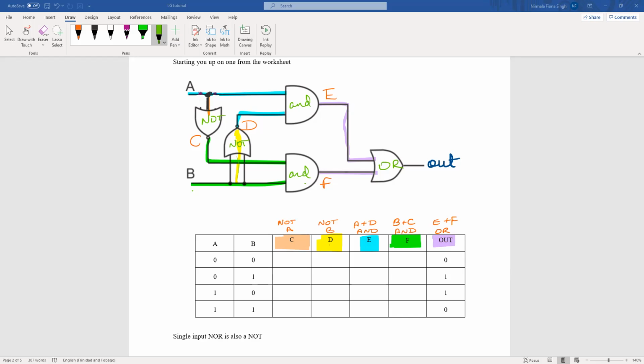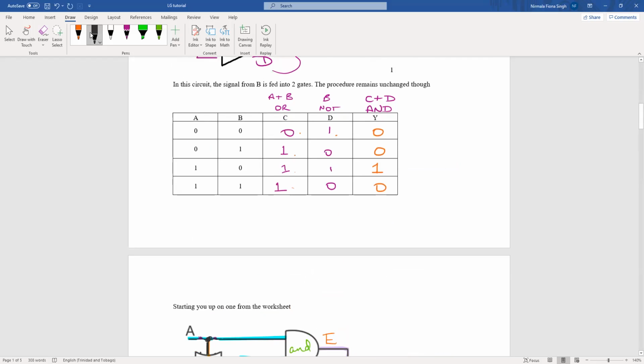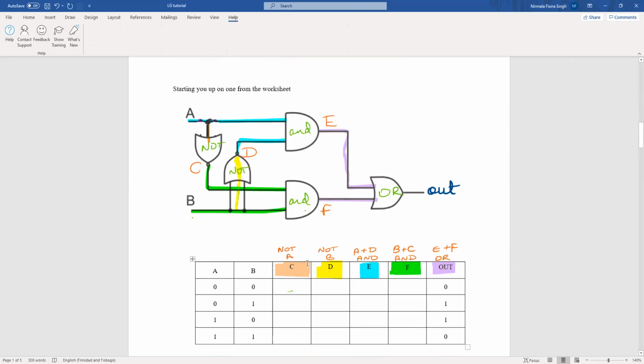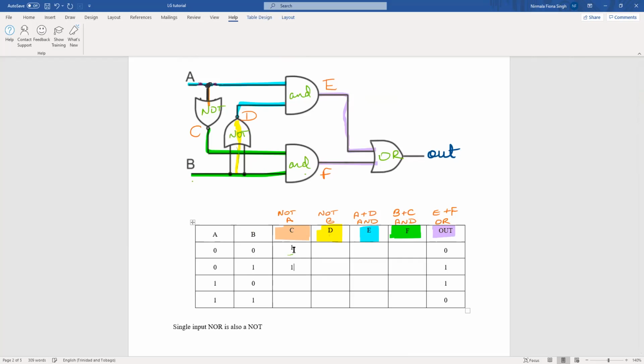Somebody call out C for me. C will be 1100. Somebody call out D for me. 1010, all right, because it's both NOT gates.